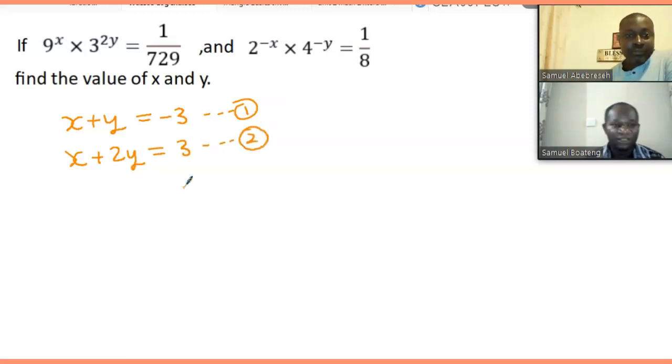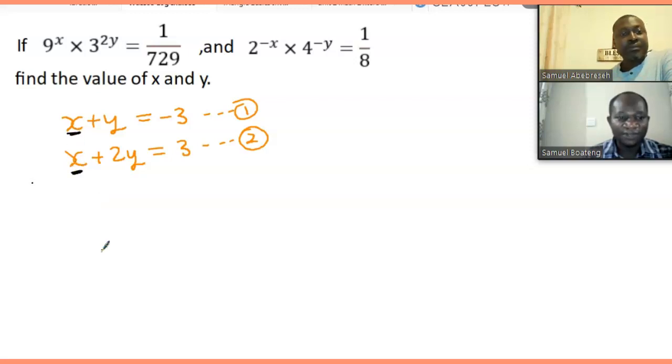Now, how do we solve simultaneous equation? There are several ways of doing that. You can use elimination method. You can use substitution method. You can use graph. By looking at the equation, we can easily use elimination method. In the first equation, we have x, the coefficient is 1. In the second equation, we have another x, the coefficient is also 1. So we can easily eliminate x and reduce it to a linear equation and then solve it.